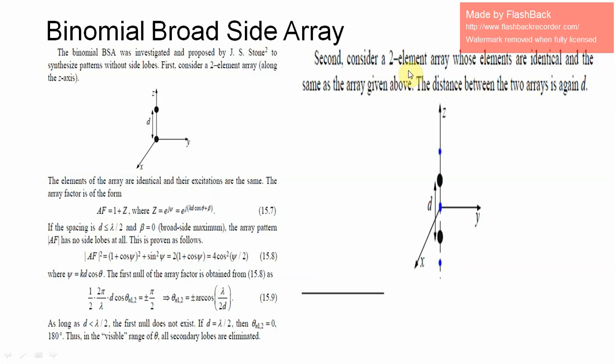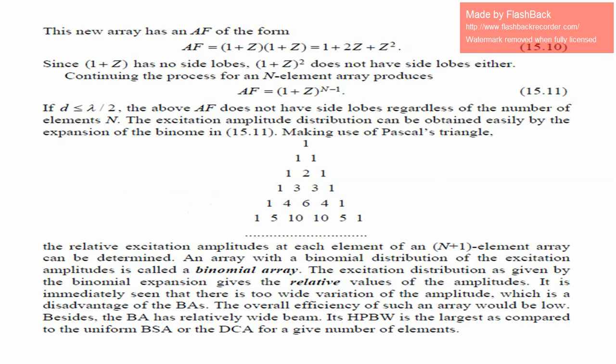Second, consider a two element array whose elements are identical and the same as the array given above, and the distance between the two arrays is again d. In the case of the binomial broadside array, this new array has the array factor of the form AF equal to 1 plus z times 1 plus z.